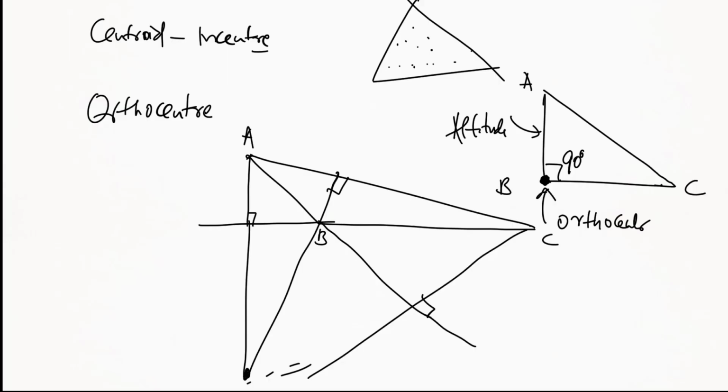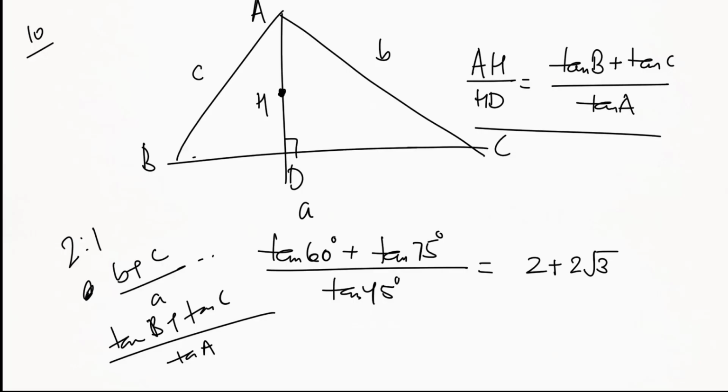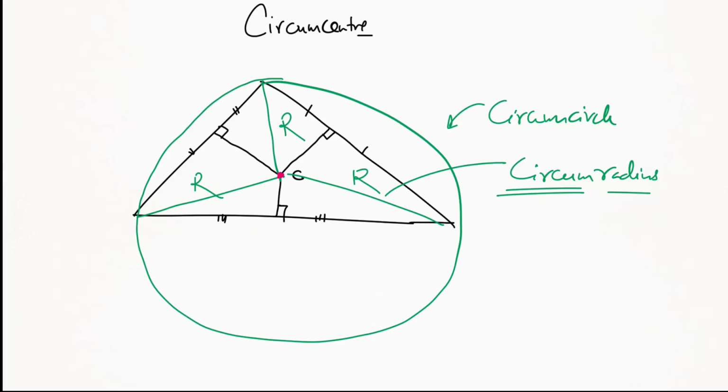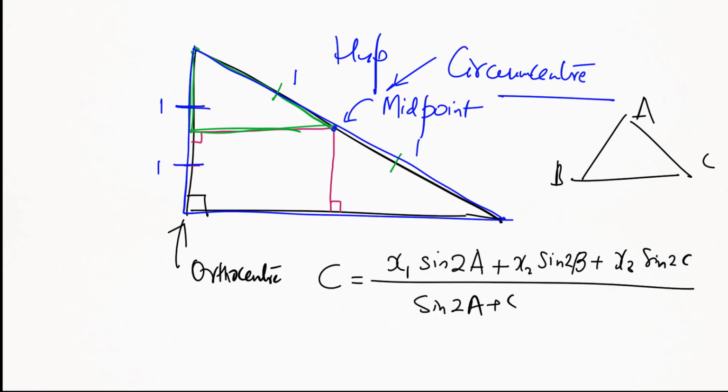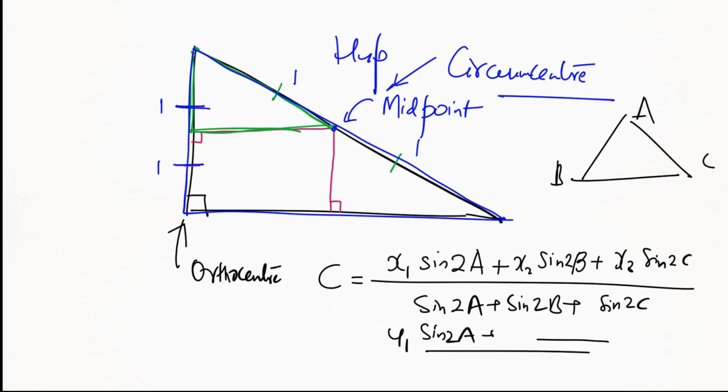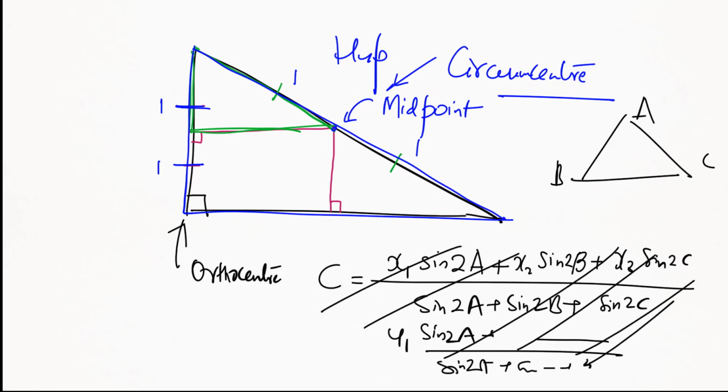Here instead of tan you just write sine of twice of angle: x1 sine 2A, x2 sine 2B, x3 sine 2C over sine 2A plus sine 2B plus sine 2C, and the y coordinate will be y1 sine 2A plus so on, divided by the same thing. But this you don't need to remember.